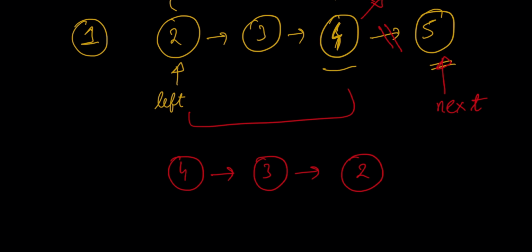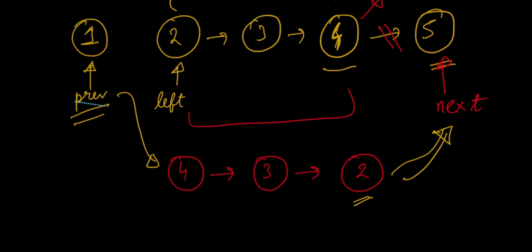Let's call node 1 the previous node, and we have to update the previous pointer to point to node 4, and the original left pointer to point to node next. So we have to be careful when we are updating the pointers after reversing our sublist.